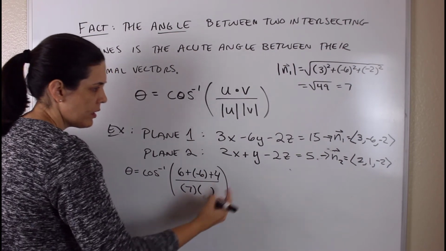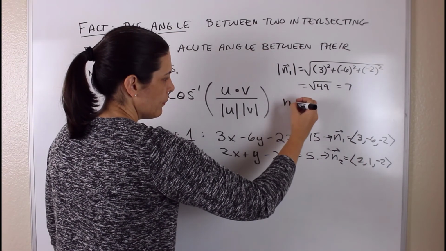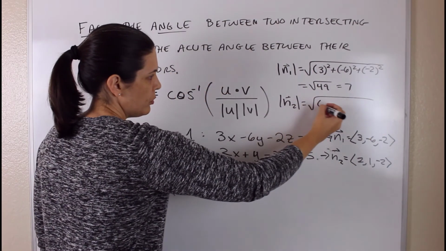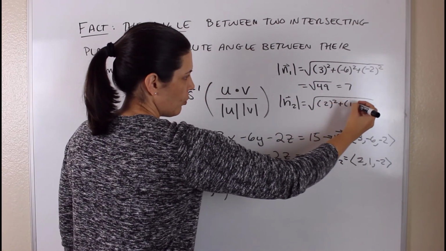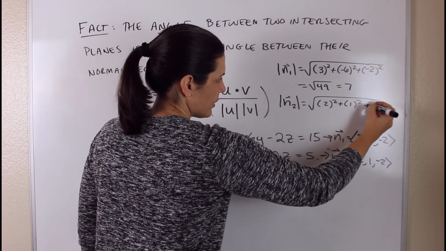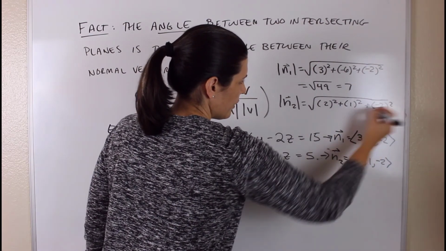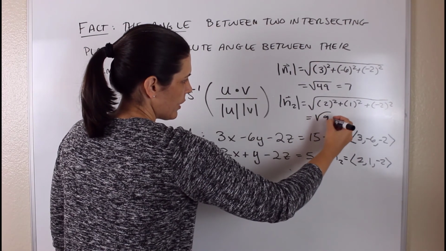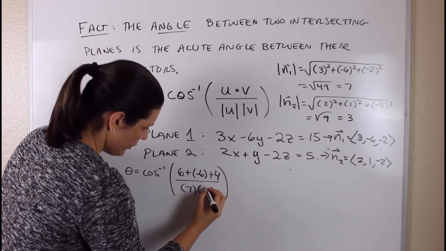Then times the magnitude of the second one: the square root of 2 squared plus 1 squared plus negative 2 squared. That's 4 plus 1 plus 4, square root of 9, so that's 3.